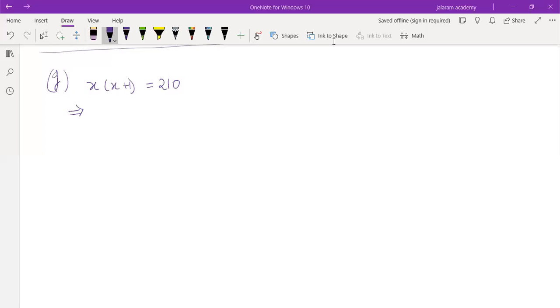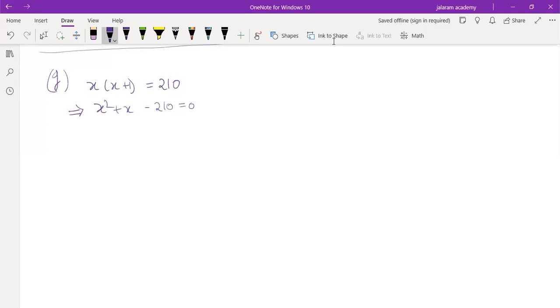It implies that x square plus x minus 210 is equals to 0. Okay, so in the first step, we transfer all the terms to the left hand side and write them equals to 0.